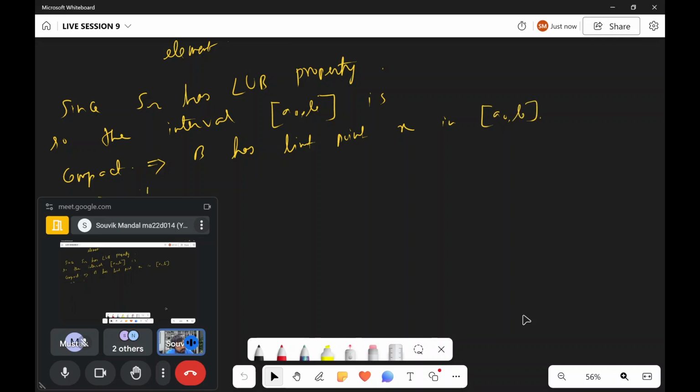So this tells that x is a limit point of A. So this tells that S omega is limit point compact. Okay, so this is the argument. Let me repeat it.